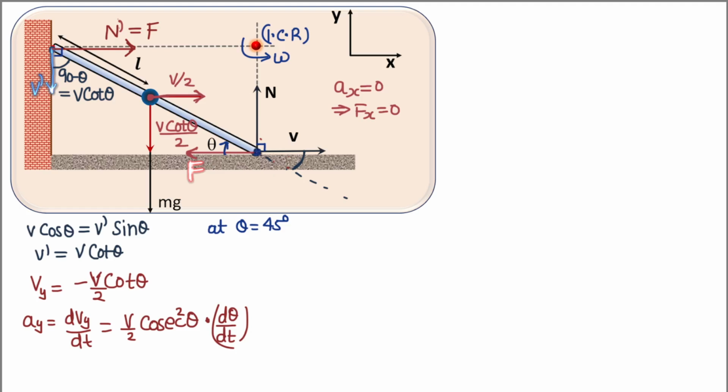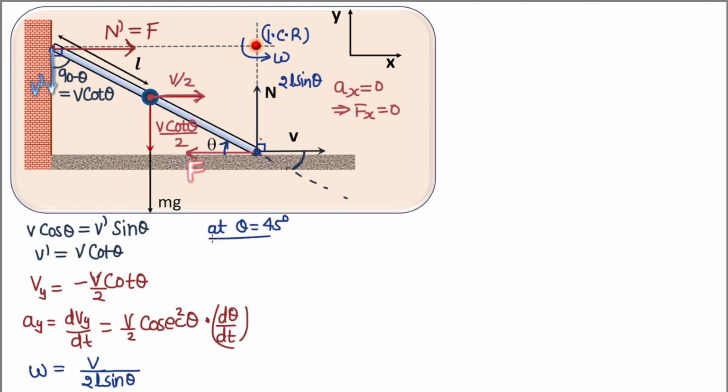So the velocity of this point should be equal to omega times this whole distance, that is 2L sine theta, right? So this whole distance is going to be 2L sine theta. From here we can determine the value of omega also, that is equal to V by 2L sine theta, and this is for any variable angle theta.